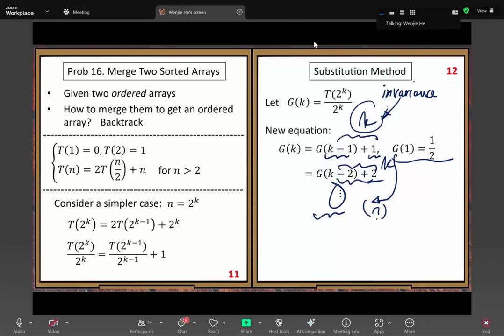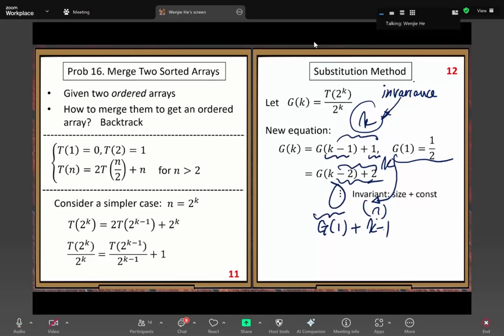Now, the bottom one, because this side should be k of 1, right? And what number goes here? Because the sum must be k, it should be k minus 1, right?